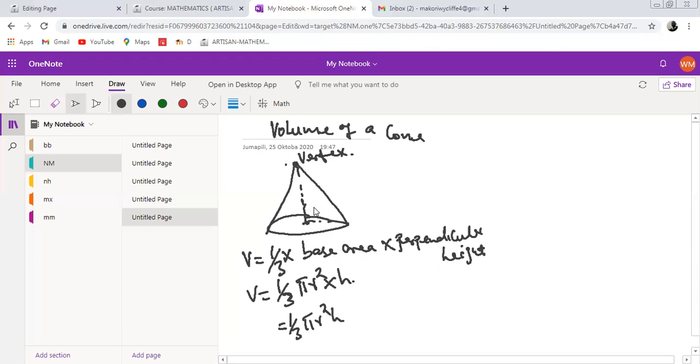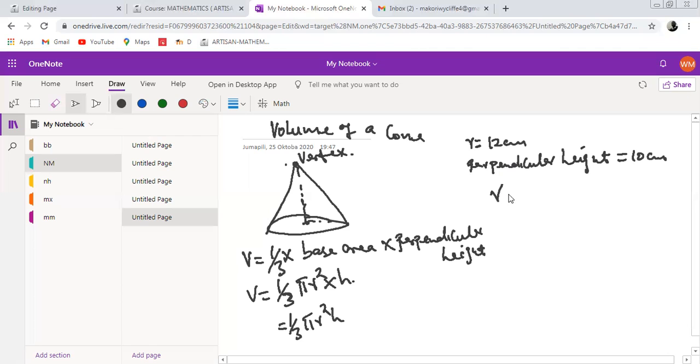to the vertex. So you can be given a question whereby you are told that the cone has got a radius of maybe 12 centimeters, and it has got a perpendicular height of maybe 10 centimeters, and you are told to calculate the volume.